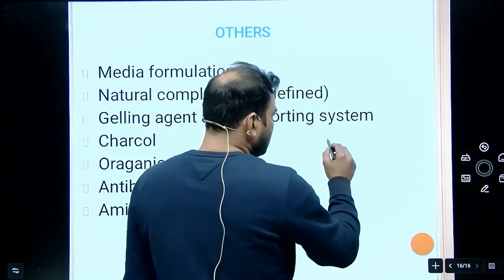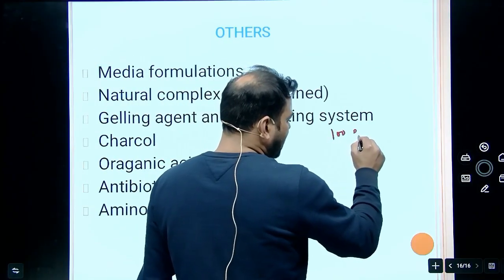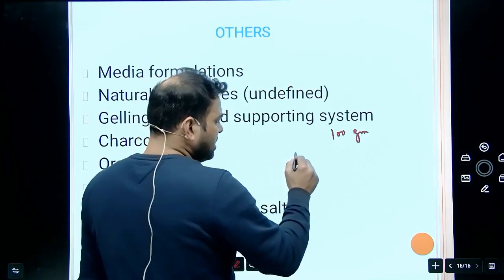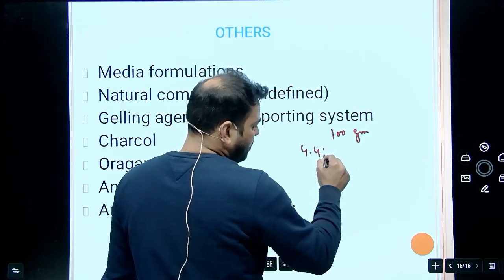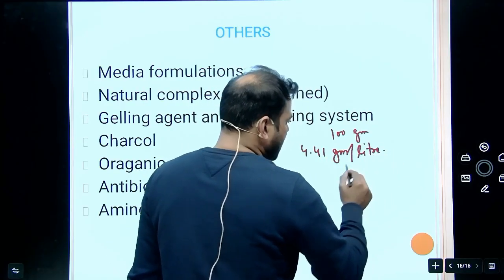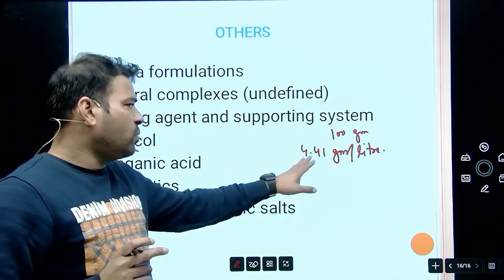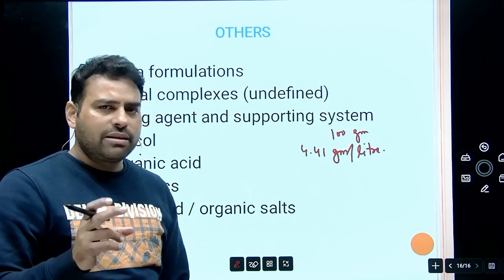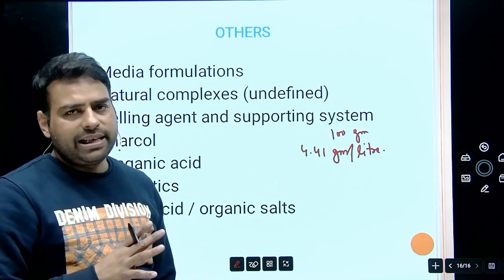It is available in 100-gram packing. If we want to use the ready-made MS media, the concentration will be 4.4 grams per liter from this mixture, and then we have to set the pH. We have to add agar, and we have to add only hormones. Then your media is ready.